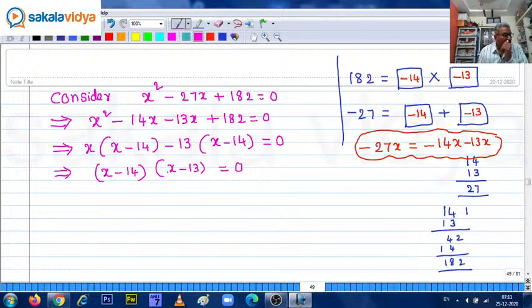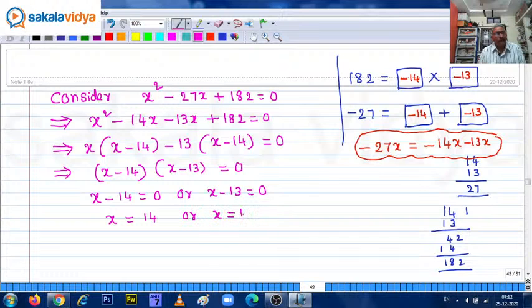So what we get here is x minus 14 equals 0 or x minus 13 equals 0. X is equal to 14 or x is equal to 13. If you take x equal to 14 or 13 as one number, the other number is 27 minus x.